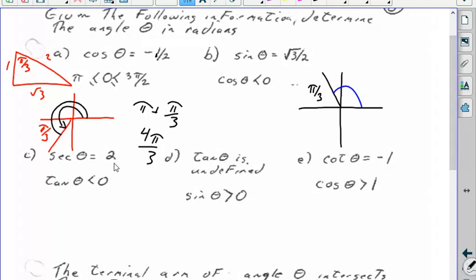I have to go all the way to pi and back up pi over 3. So my angle is going to be pi minus pi over 3. My rotation angle from the positive x-axis is 2 pi over 3.